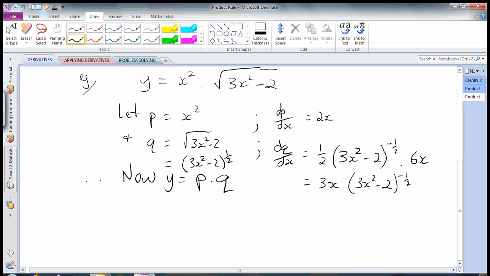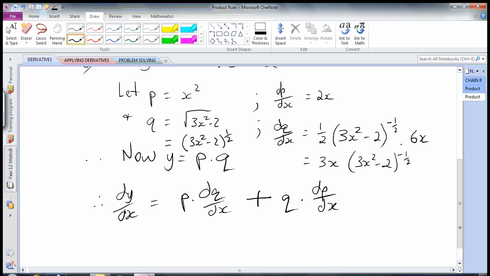So I've got my function y is equal to p times q, so I can now set out my derivative. Therefore dy dx, so let's just write our rule out: p times dq dx plus, and I like to make a big plus sign, and the reason for that will become apparent in a second, and it's q multiplied by dp dx.